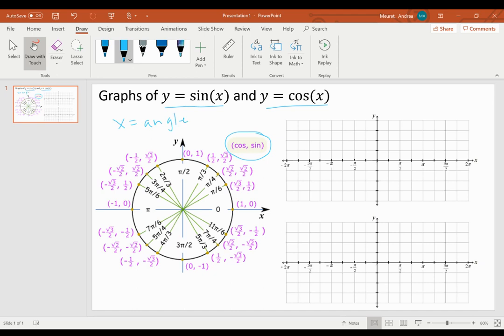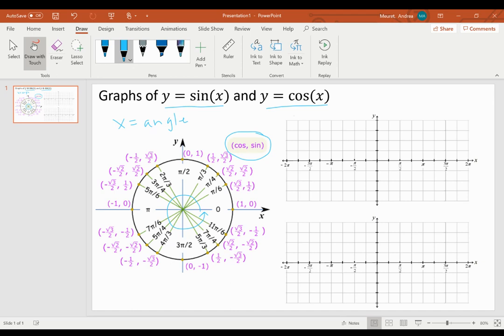And notice that both in the unit circle and on the x-axis of these graphs, the values are given in radians. And so if x is going to represent a particular angle around the unit circle, then y is going to either be the sine or the cosine of that angle.